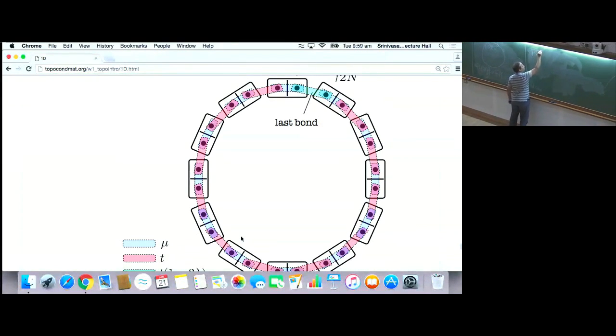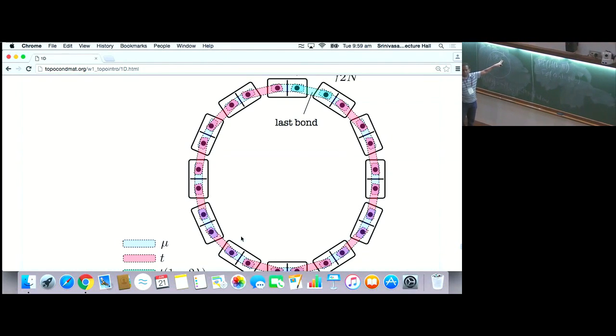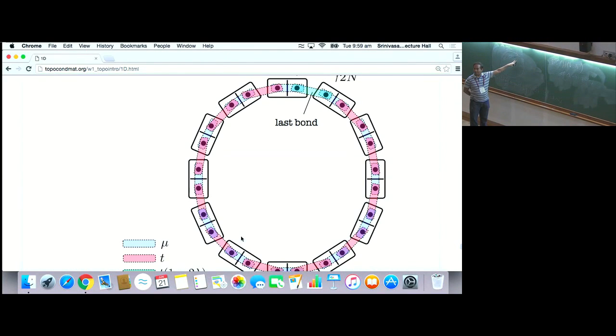And the Pfaffian at k equals pi is anti-periodic boundary conditions. It is the fermion parity at anti-periodic boundary conditions. Right? If I set k equals pi here, this becomes -1. So that's anti-periodic boundary conditions. Does that make sense?